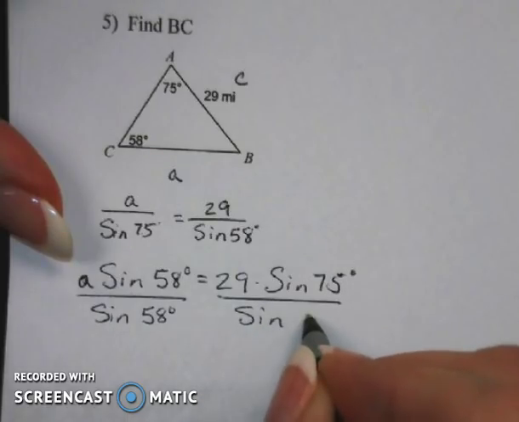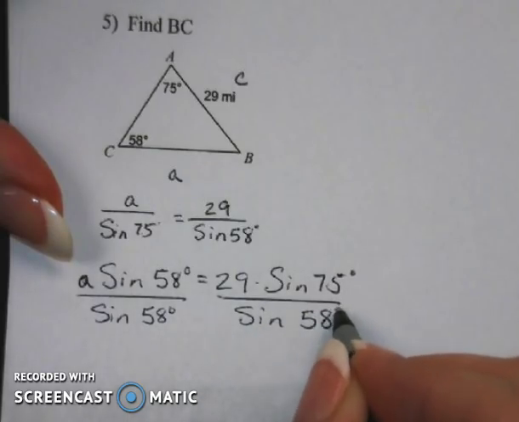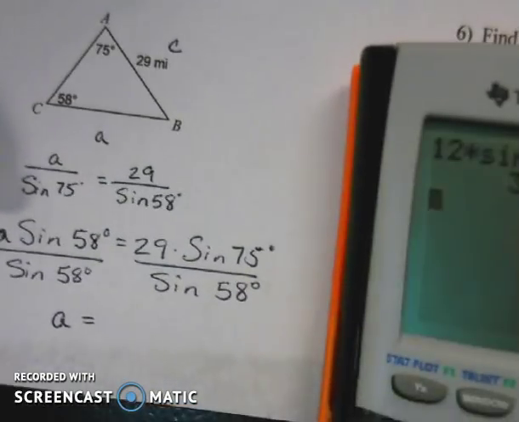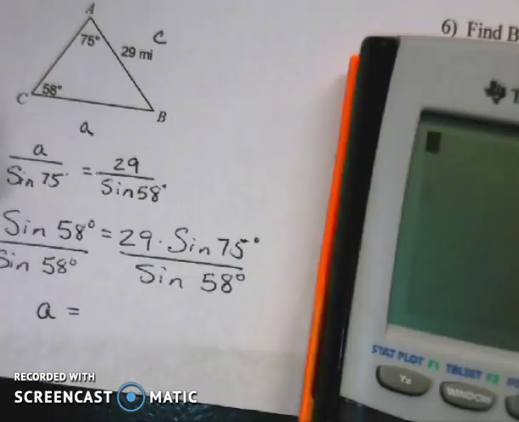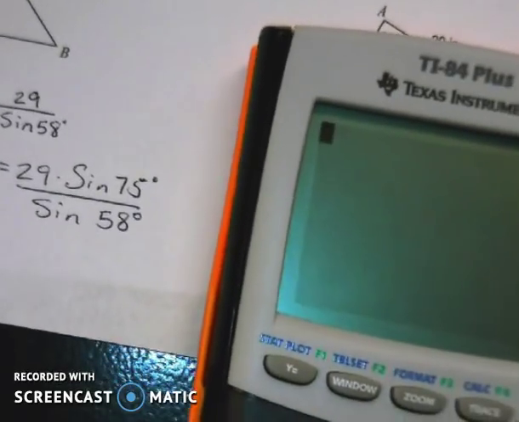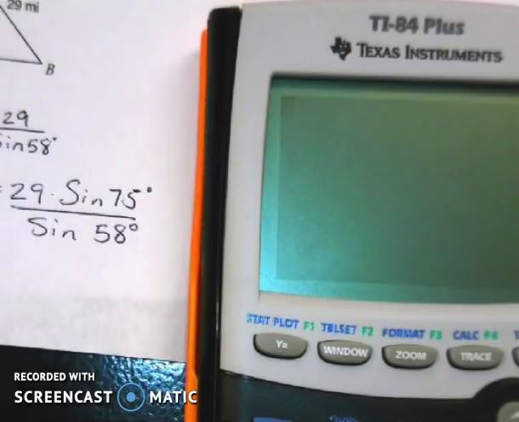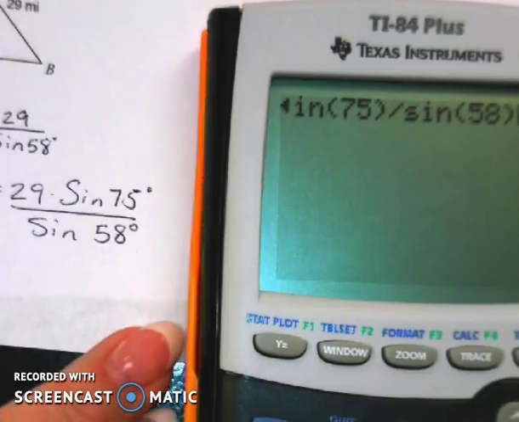Again, I'm finding a side, not the angle, so I don't need to do second or any of that. I just need to type it in my calculator. So, let's see if I can get it where you can see them both. I think we're about there. 29 sine of 75, close parenthesis, divided by the sine of 58, close parenthesis.